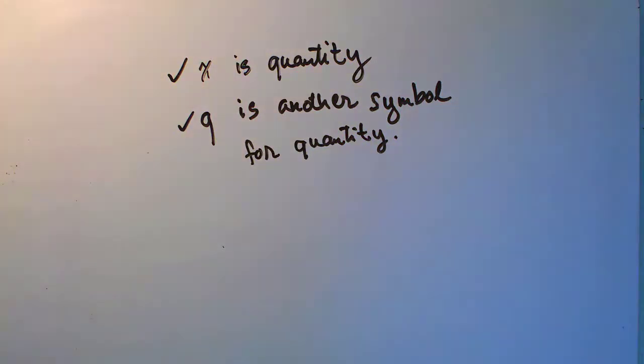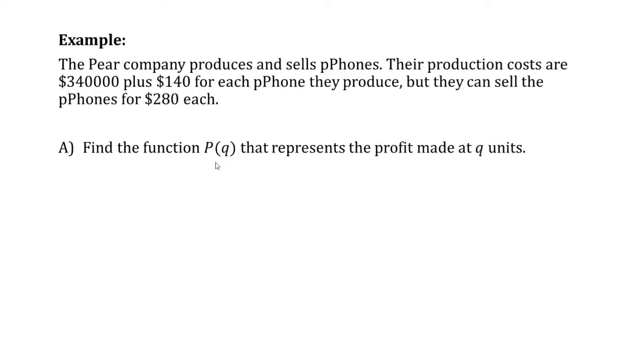But once again, back to the question, I want to find a function P of Q that represents the profit made at Q units. You can see that nowhere in the question is it asking to find the cost. But you have to understand that sequentially, we need to have the cost before we can decide how big the profits we earn.